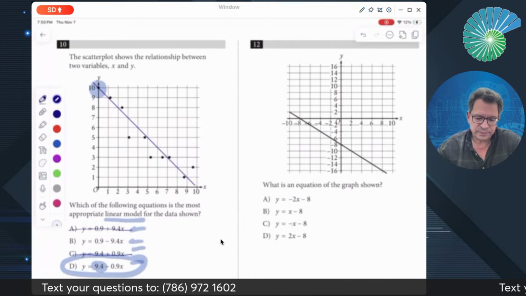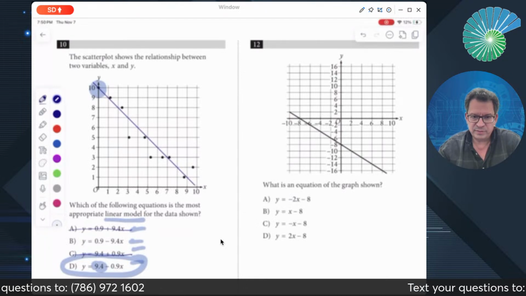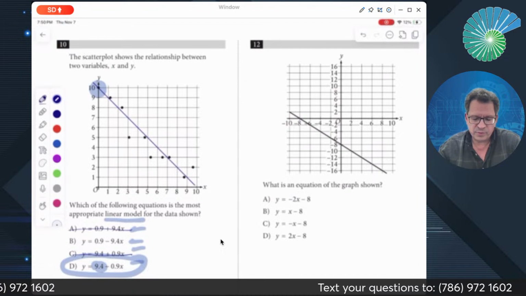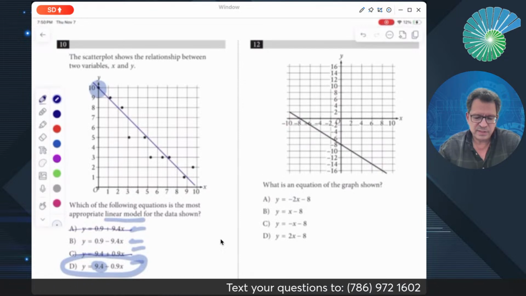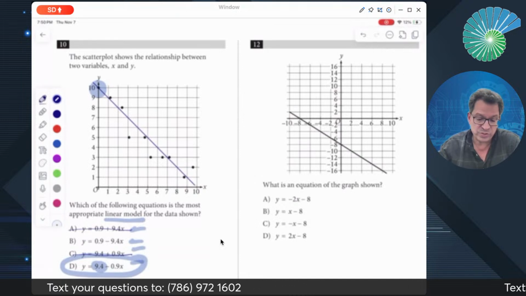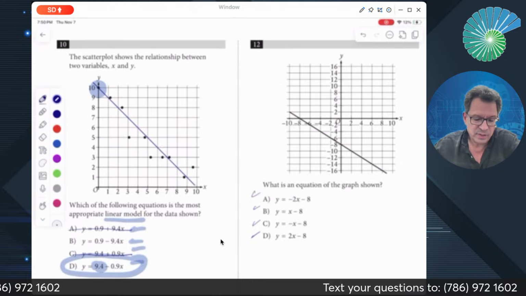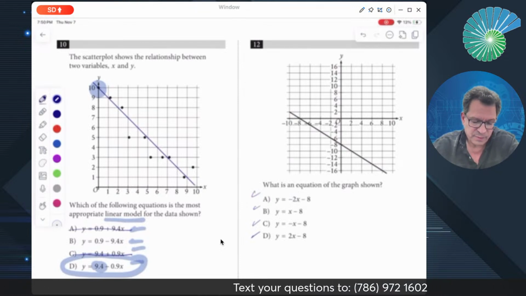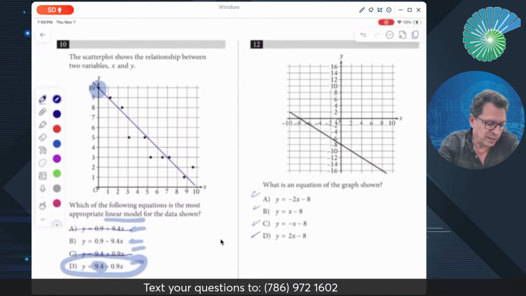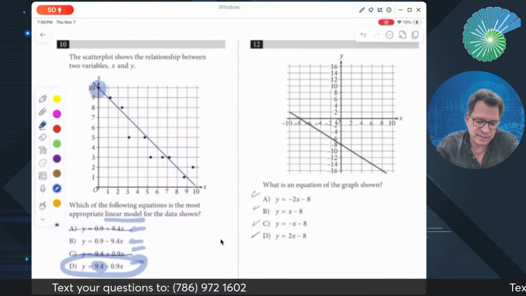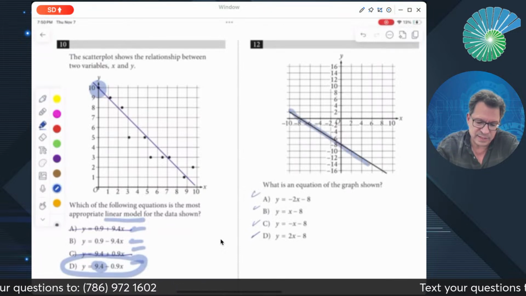Number 12, a similar type of equation, but in this case, they give you the exact line and we have to figure which of the choices corresponds to that graph. Number one, the line that we see has a negative slope.